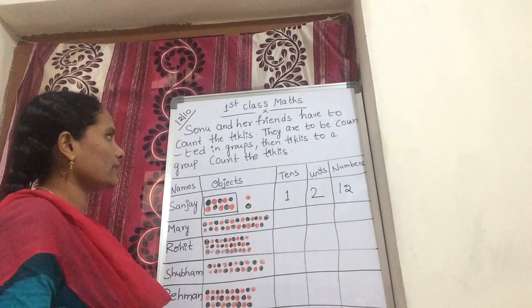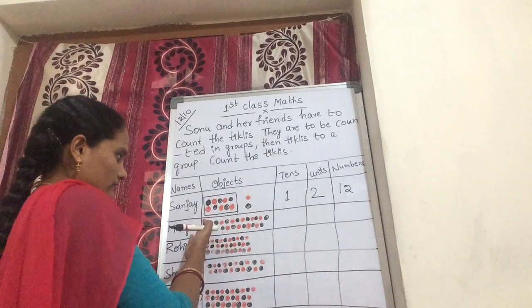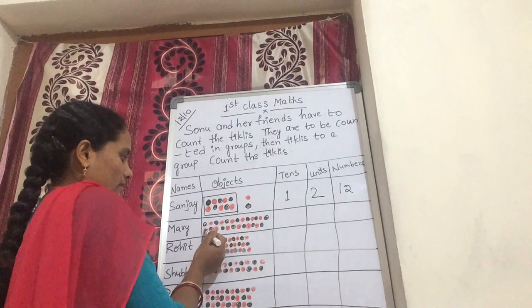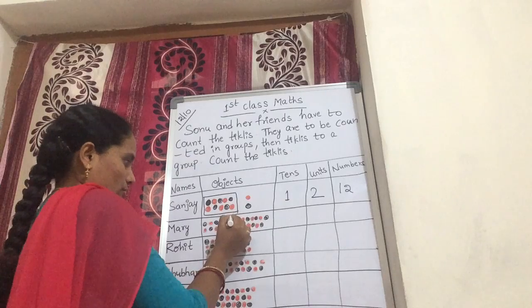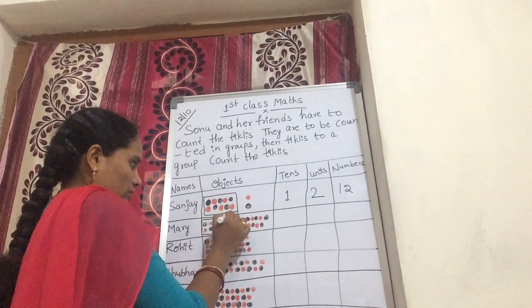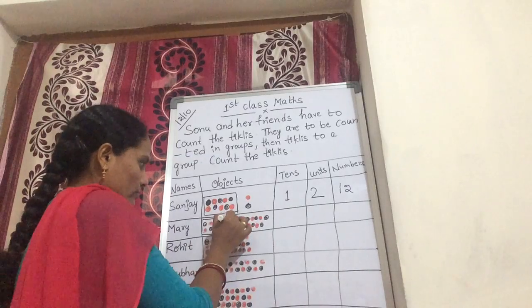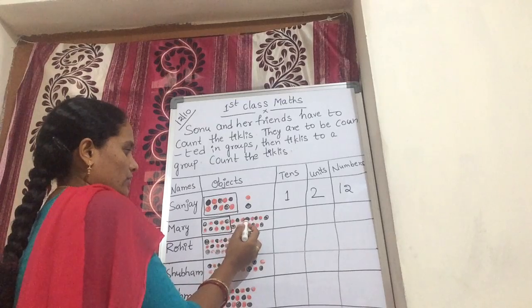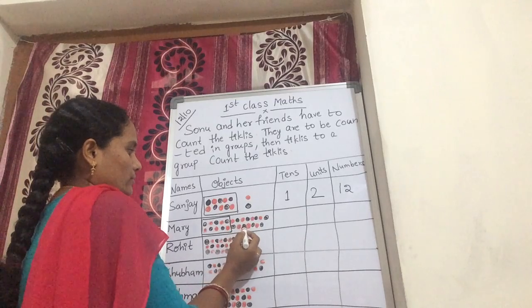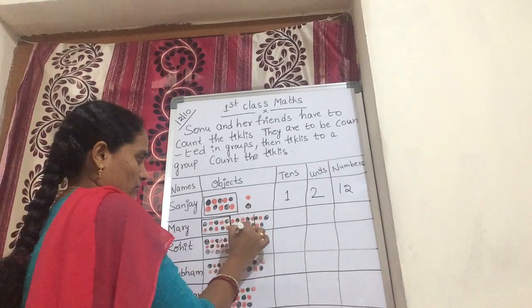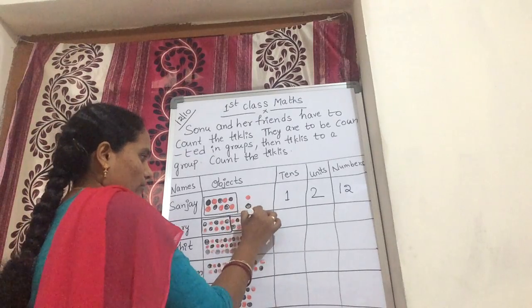Next to Mary. Mary has how many ticklies? Count that. 1, 2, 3, 4, 5, 6, 7, 8, 9, 10. You put a box for the first 10 ticklies. Again, do one box.